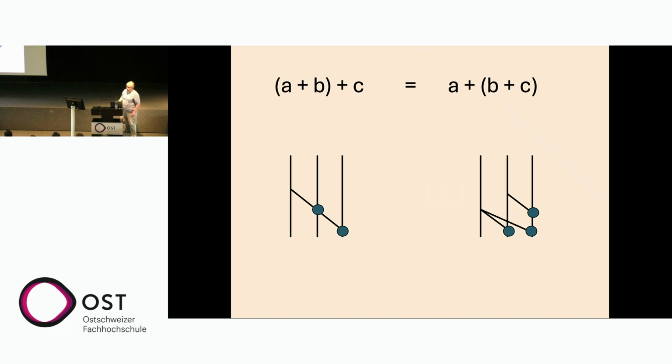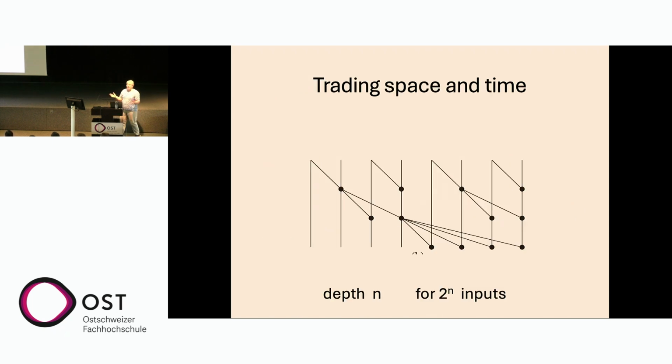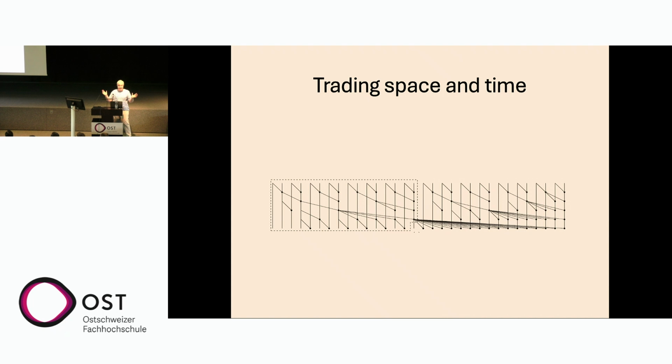We haven't gained much at this point, but if we then add on the left another input and another dot, we'll see that now we can do a 4-input prefix sum in 2 steps of time instead of in 3. So we have compressed the time, and in general we can do prefix sum in log depth. So for 2 to the n inputs, we can do it in depth n at the price of a lot more components. So we can trade space and time.